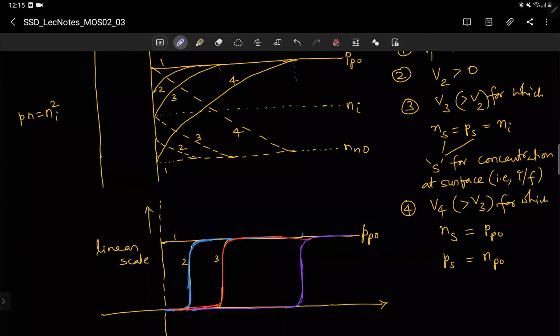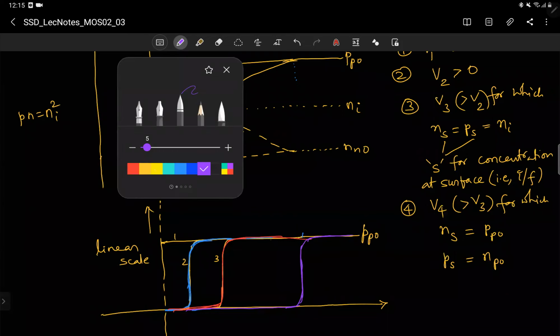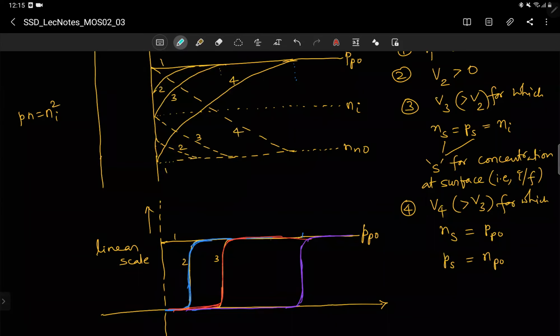What about electron concentration? Electron concentration will not appear for 1, 2, 3 at all, because up to 3 it is still Ni. Electron concentration is less than or equal to Ni. You cannot show anything of the order of Ni when you plot in linear scale, when Pp0 is of the order of 10 to the power 15, 16, 17 or so.